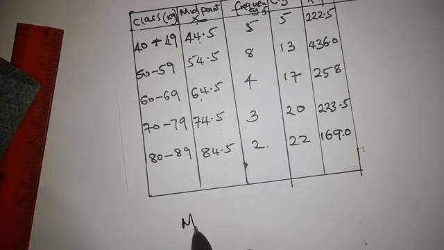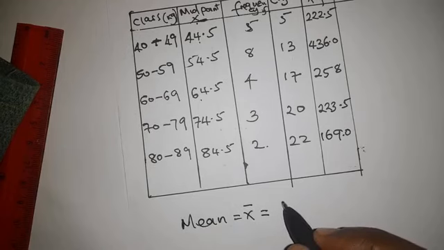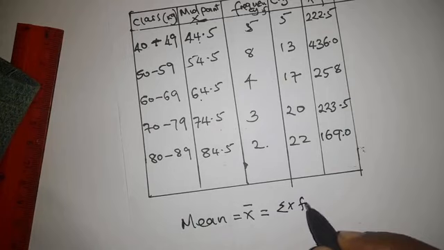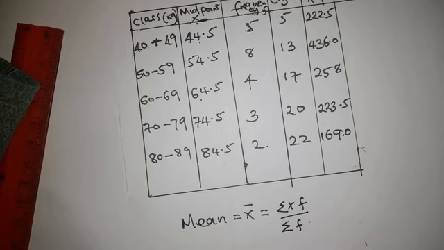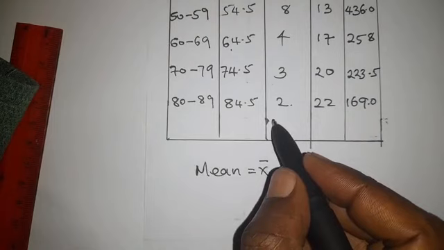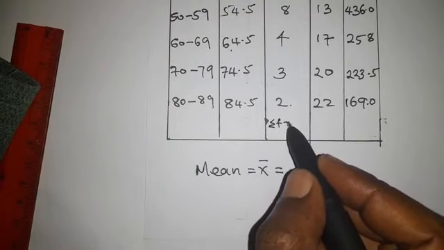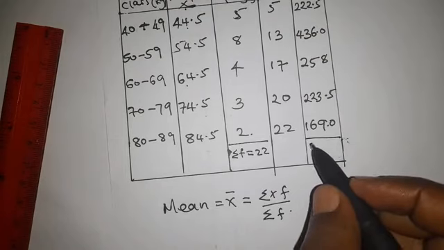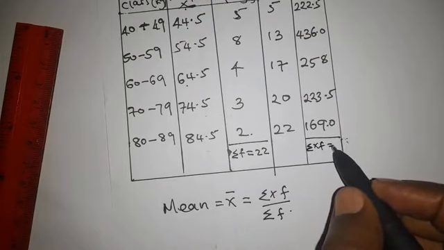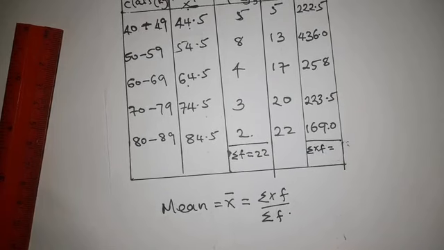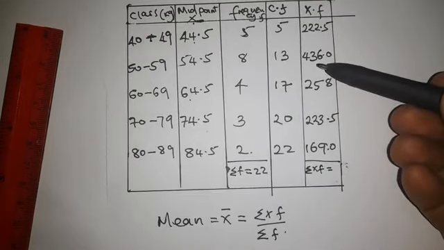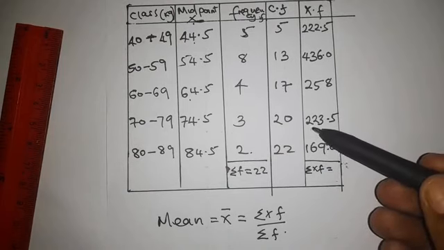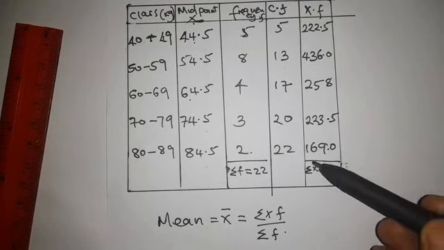Now, how do we calculate the mean? We know that the mean, what we refer to as x bar, is given by the summation of xf divided by the summation of f. So the summation of f, the frequency, gives us 22. Then the summation of xf is equal to 222.5 plus 436 plus 258 plus 223.5 plus 169.